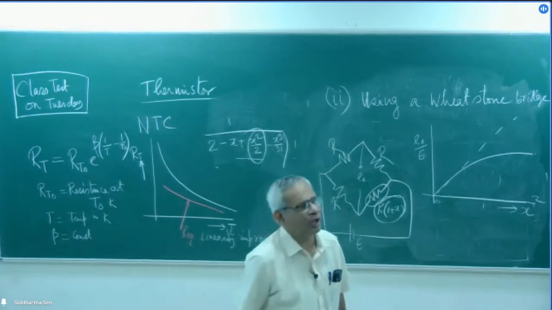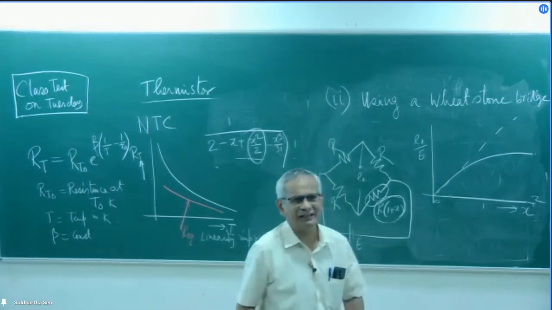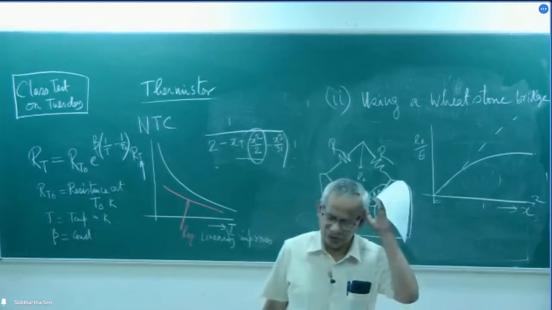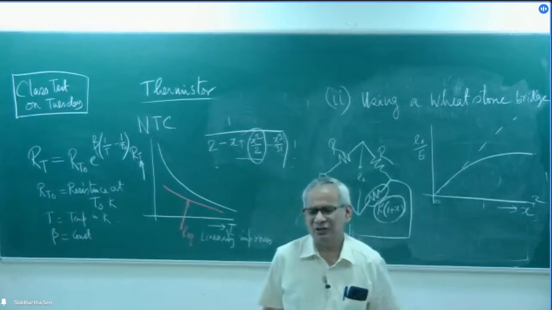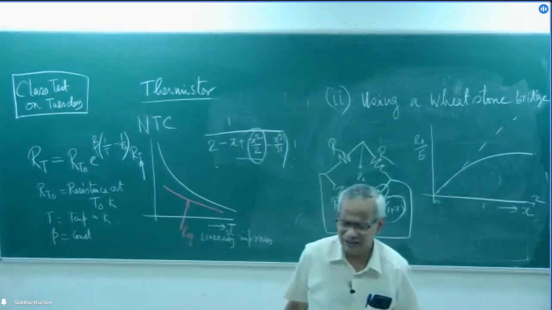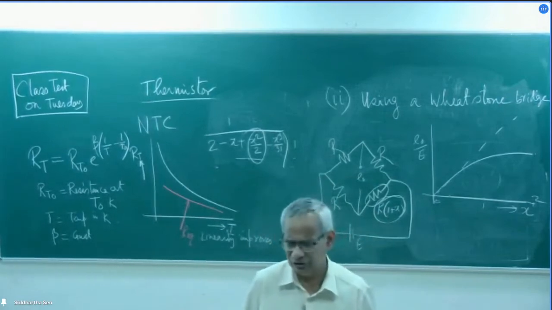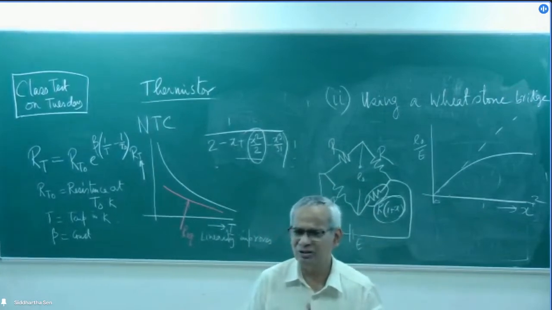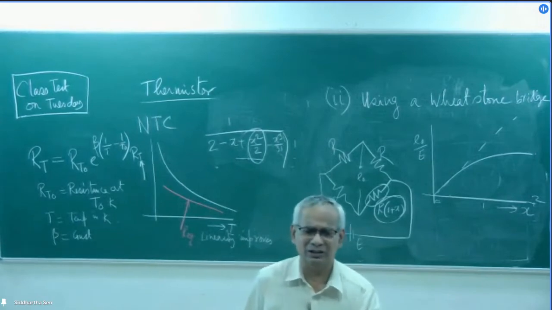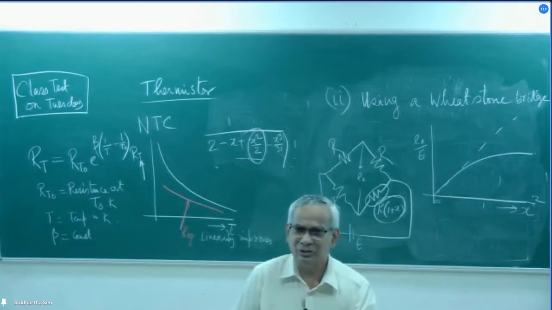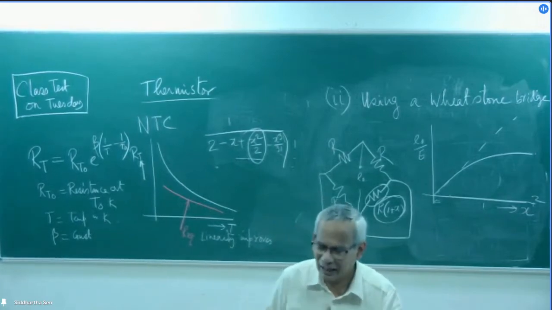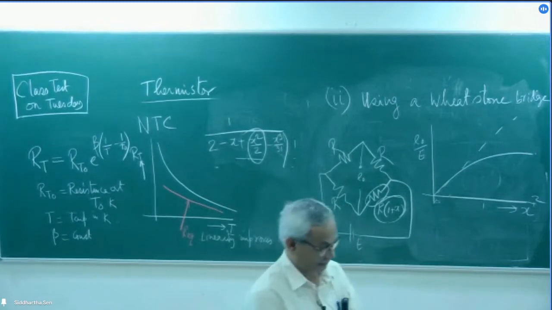So that is what is done, and that's a nice way of linearizing the thermistor with a bridge: you incorporate one thermistor in one arm of the bridge, and the bridge nonlinearity and the thermistor nonlinearity characteristics will cancel each other, and then it would be like this.